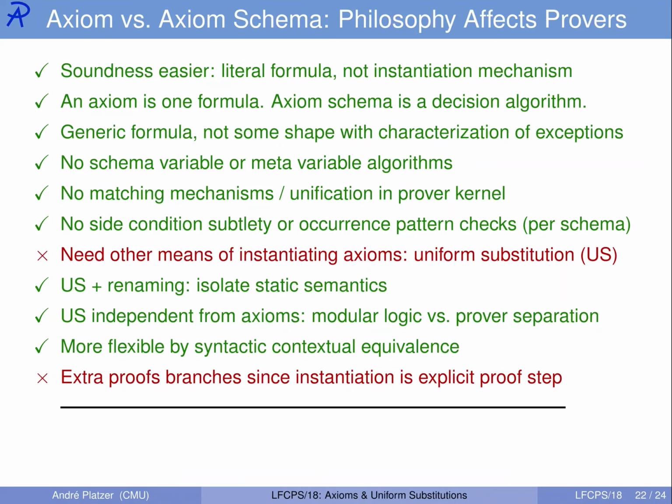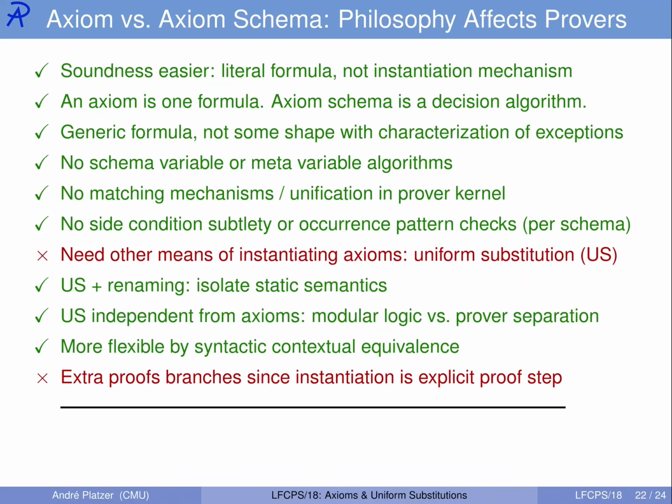But that's where uniform substitution comes to the rescue as a uniform mechanism for rewriting formulas in validity-preserving ways. Just by uniform substitution, and a little bit of renaming, do you have ways of completely isolating the treatment of the static semantics of a language. And the uniform substitution is independent from the axiom, so you have a very modular logic versus prover separation. They're not as intermingled as they usually are.